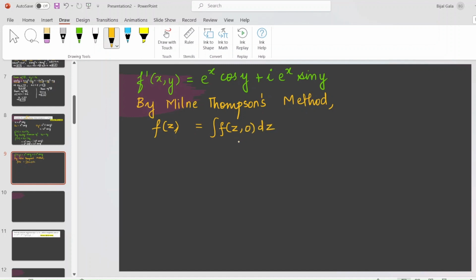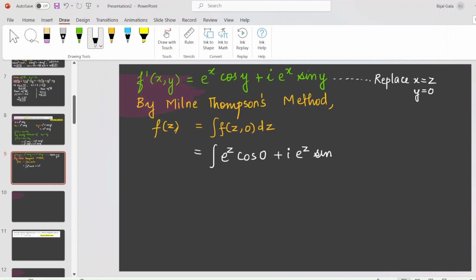Now understand what this notation means. It means in this equation where we have x and y, we will replace x as z and y as 0. So when I do that, e raised to x will become e raised to z cos 0 plus i times e raised to z sin 0. And whatever I get will be integrated with respect to the variable z.